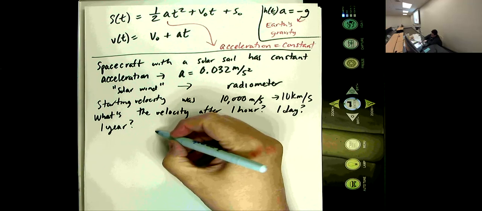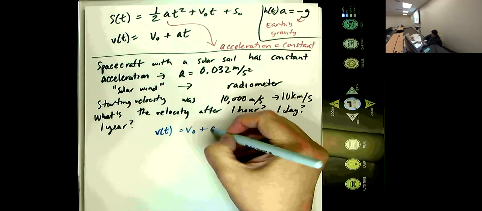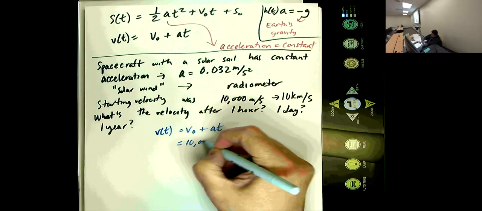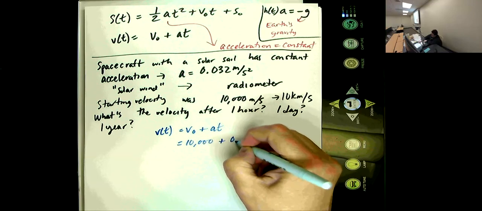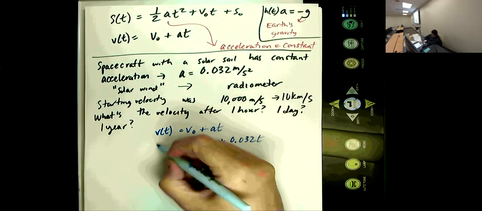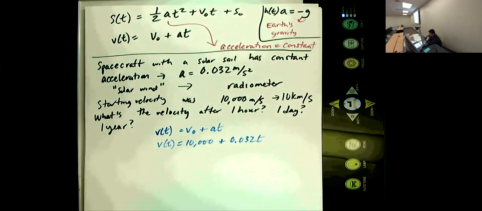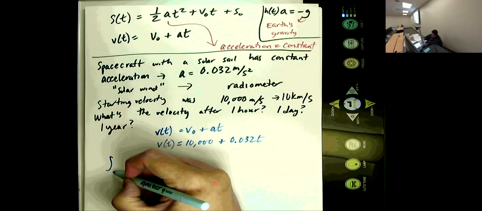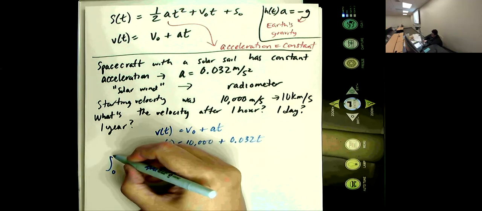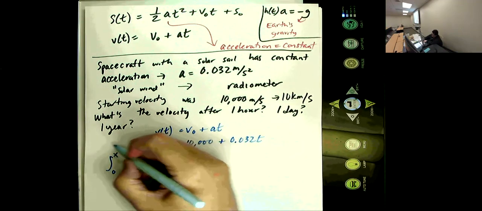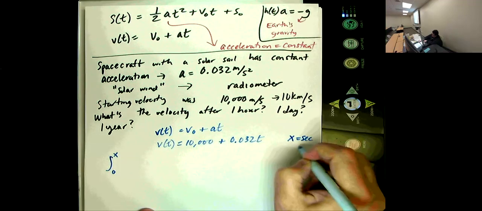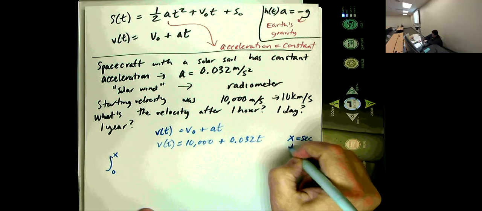We know V of t is V naught plus a t. V naught is given as 10,000 and a is given as 0.032. I'm going to integrate this from 0 to x, where x is the number of seconds that we're counting.